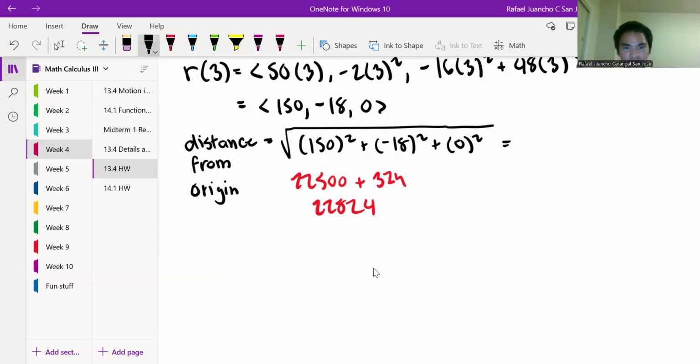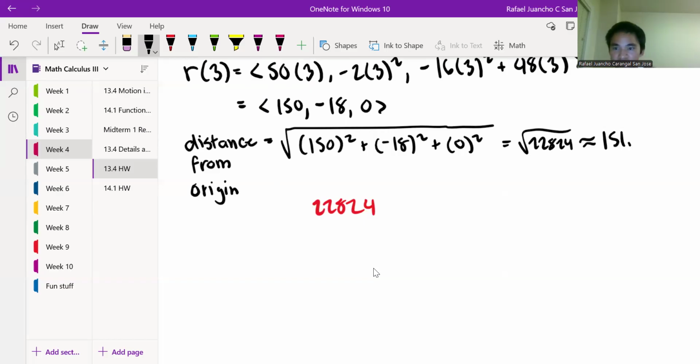Do I approximate it here? Oh, so I do approximate it. So I get the square root of 22824. I approximate it to 1 decimal place here. So in this case, 151.1 feet. Done.